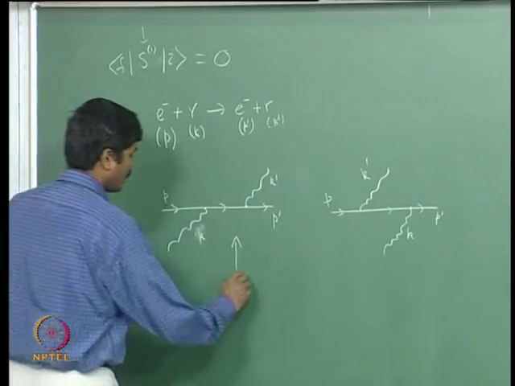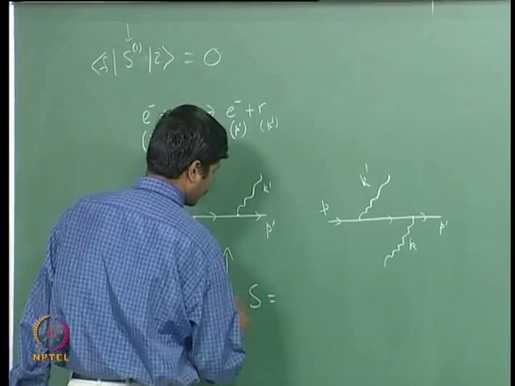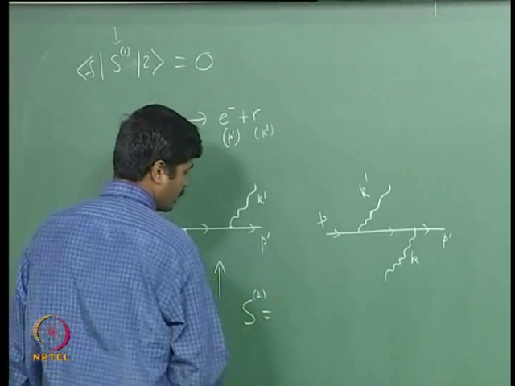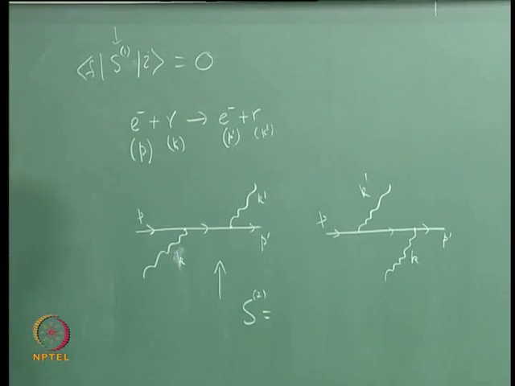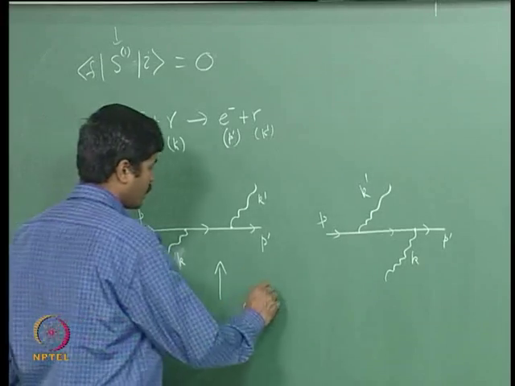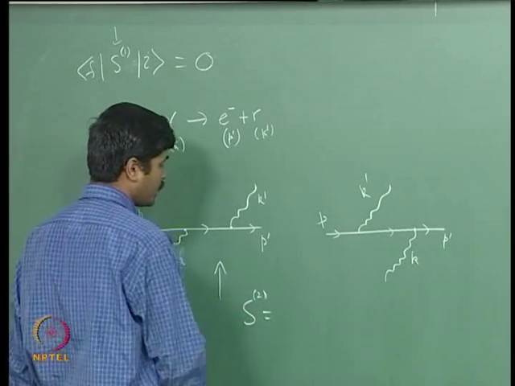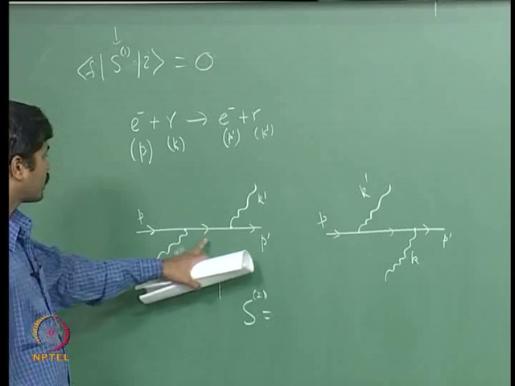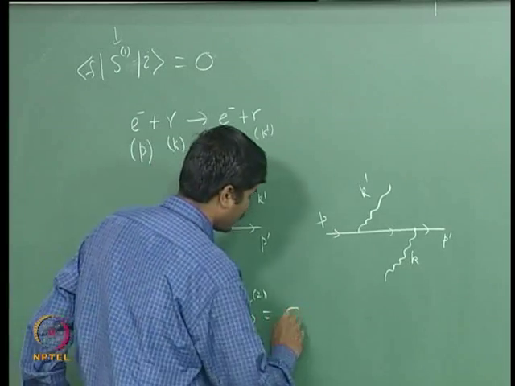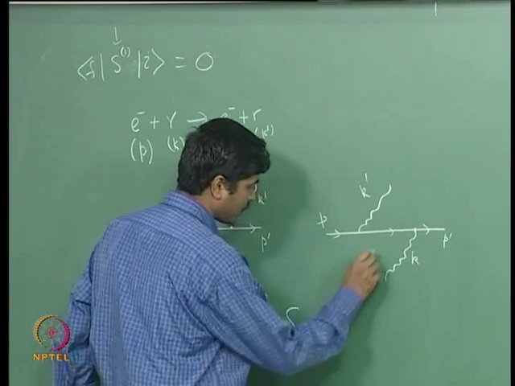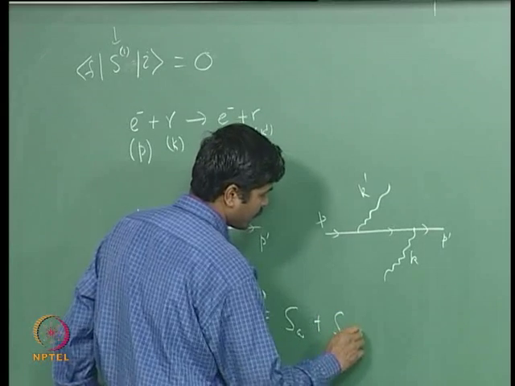I denote the term in the S matrix which gives non-vanishing contribution for the first process to be SA, and for the second process to be SB.